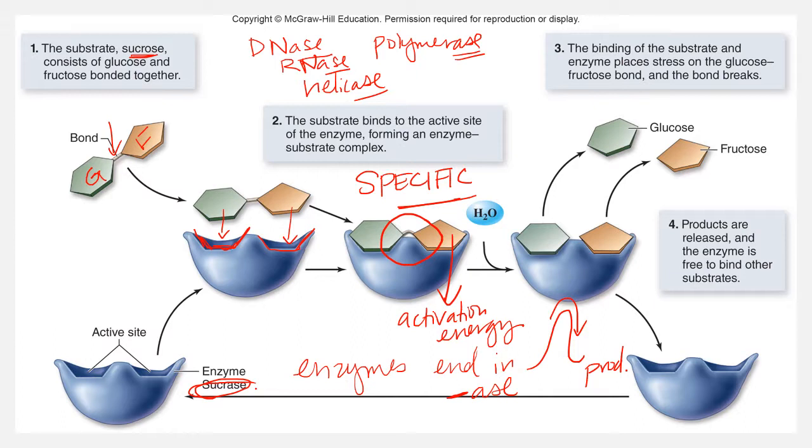So in a hydrolysis reaction, hydrolysis means breaking by water. We add water here to the bond to create an O and an OH, and we release this as glucose and fructose.